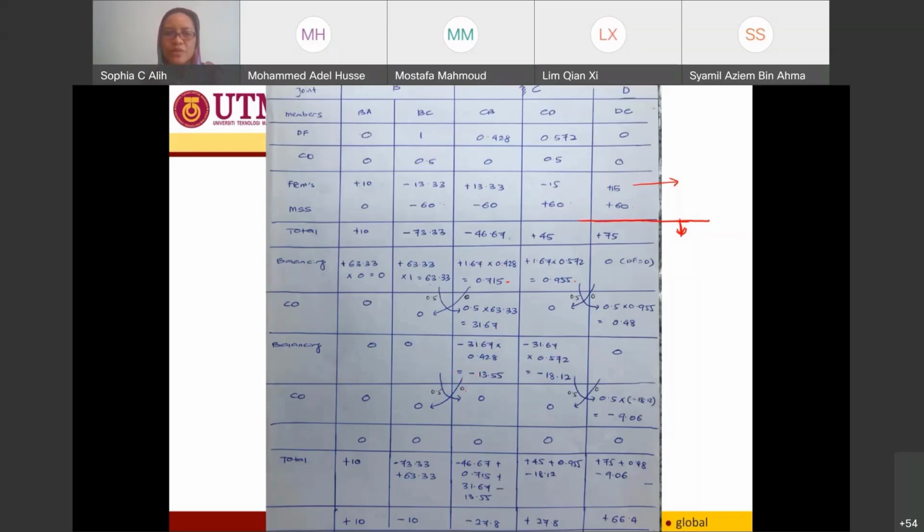Carryover from B to C is 0.5, but there is nothing to carry, so 0 in here. And carryover from C to B is 0, so I carry over 0 in here. Carryover from C to D is 0.5, so C to D is 0.5 of this negative 18.12. This is why I get it in here. So in the end, I have negative 9.06, and this one is 0.